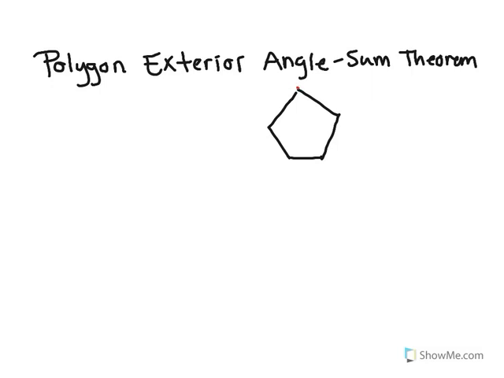So I'm going to go ahead and do this. I'm going to extend this one here, extend this one here, and here, and here, and here. So I have 1, 2, 3, 4, 5 exterior angles.